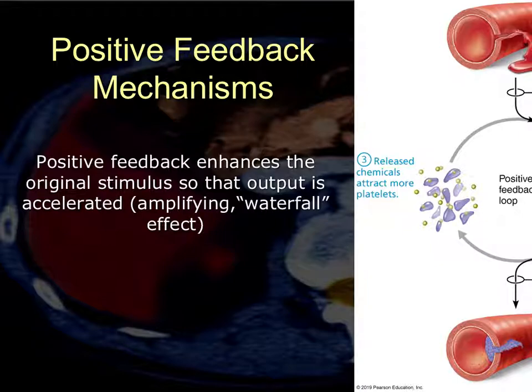So the more contractions you have, the more pushing you have, the more hormones released, the more contractions, the more pushing, the more hormones. So it keeps the process going long enough to deliver a baby. So positive feedback brings it farther away from the set point.